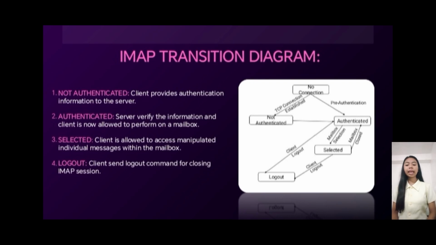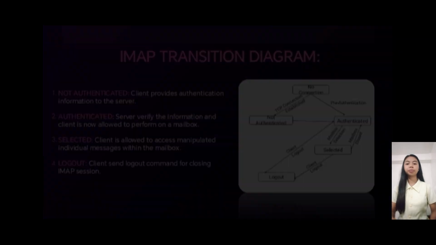After that, client can access a mail from the mailbox, and after accessing a mail, a client can read, compose, reply, forward, delete, and move the message from the mailbox. After accessing the mailbox, client will close the mailbox, and after that, client will send a logout command to the server and close the IMAP session.